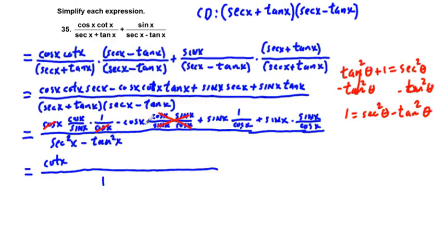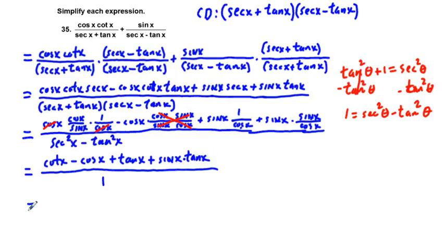And then we have minus cosine x. And then this next one we have is plus tangent x. And this last one we have is sine x times tangent x. And I think that's going to be most of it.